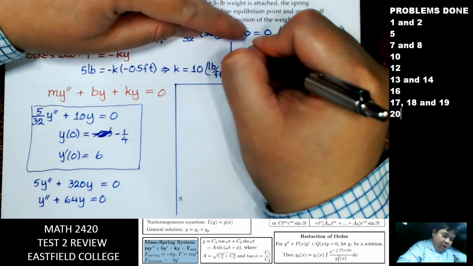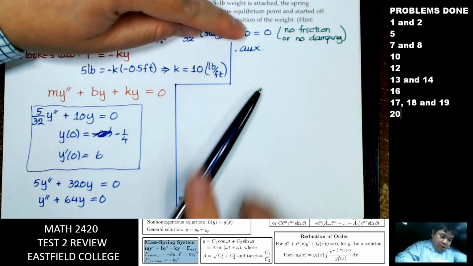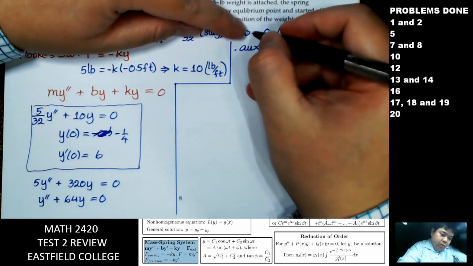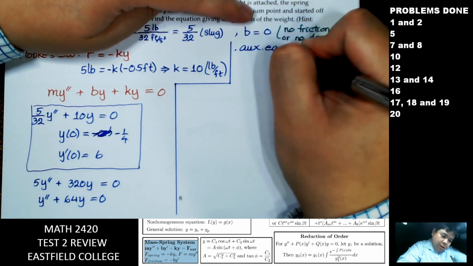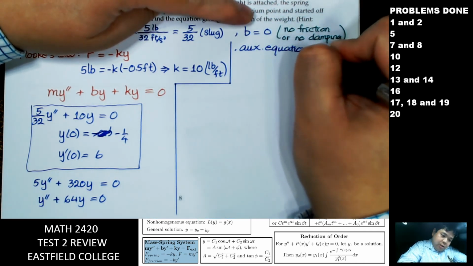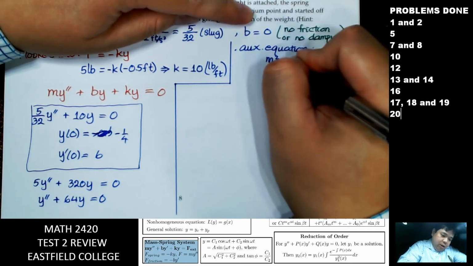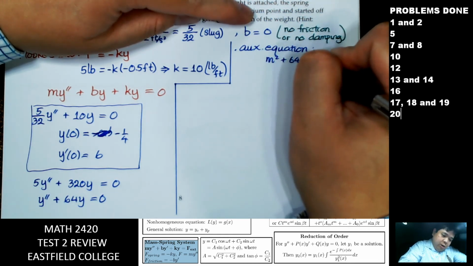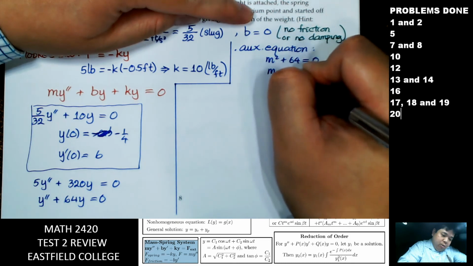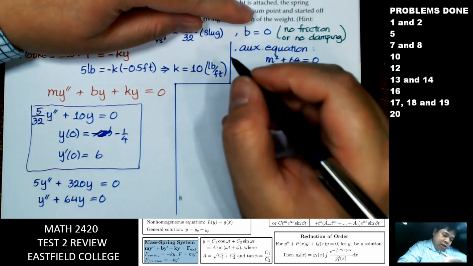Next, auxiliary equation. m squared plus 64 equal to 0. m equals plus or minus 8i.